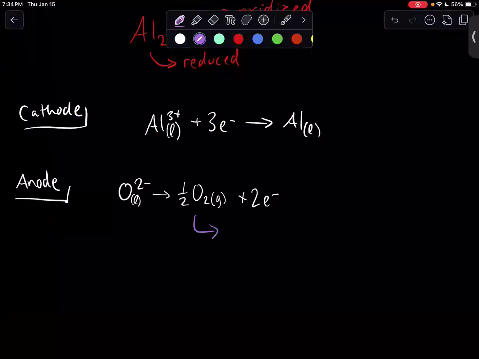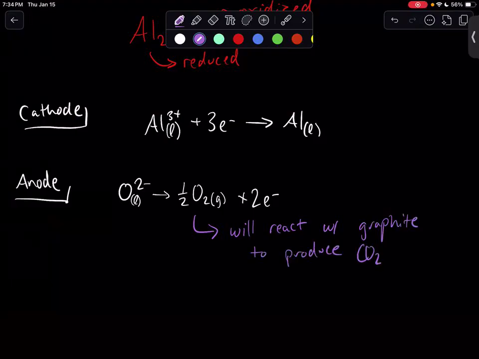So just to be clear, though, we did say carbon dioxide was a product. What's going to happen is that this is a very reactive oxygen, and it will react with graphite to produce CO2. What this means is that our graphite electrode isn't actually inert in this reaction.